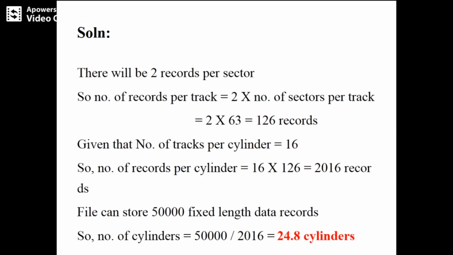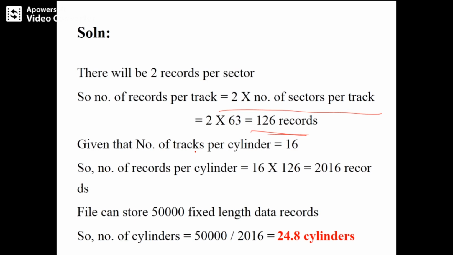They have given that there will be 2 records per sector. So the number of records per track is nothing but 2 times the number of sectors per track. There are 2 records per sector, so multiplying 2 with the number of sectors per track, 63, you get 126 records.